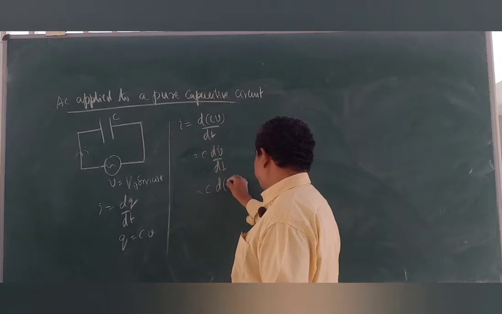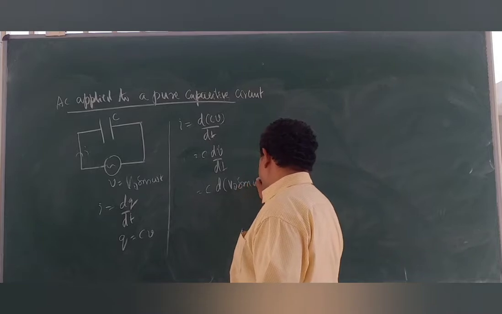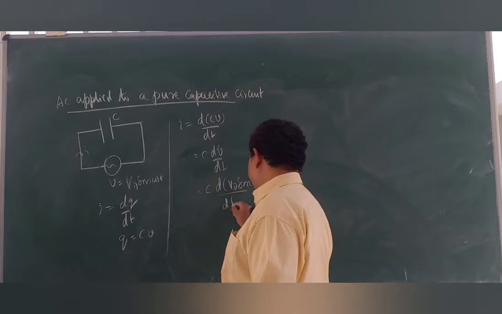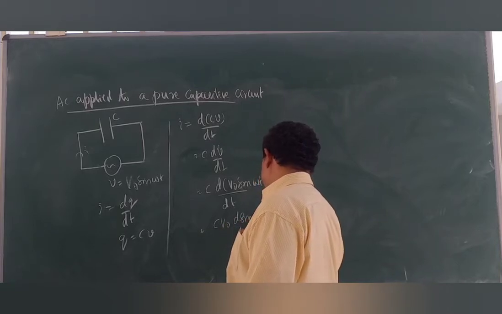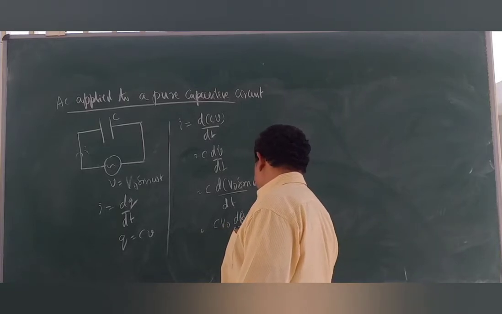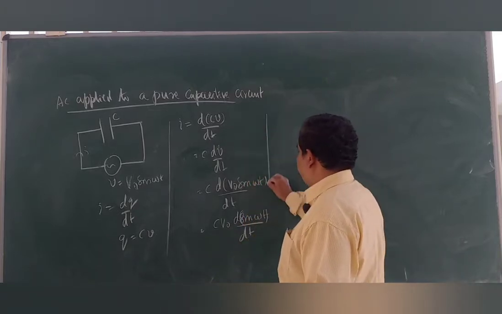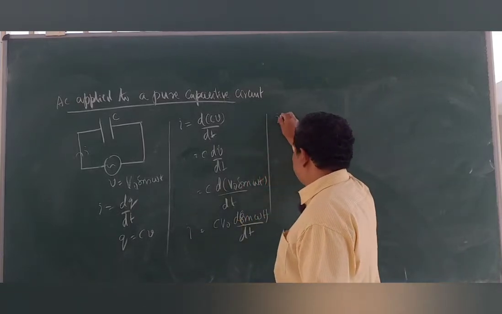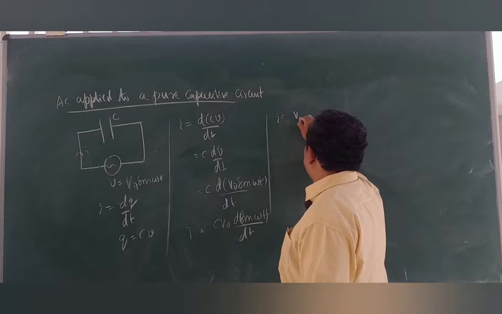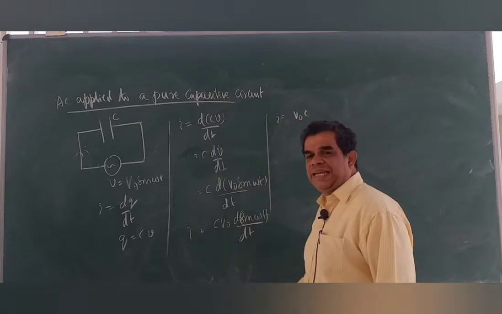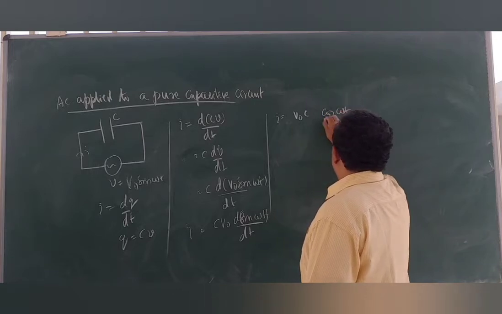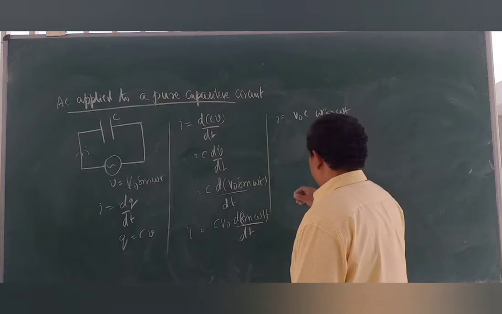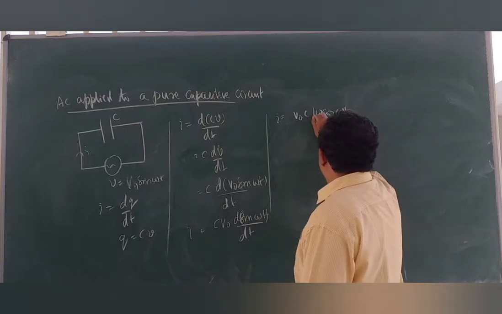We apply V naught sin omega t with respect to t. Therefore, C V naught differential of sin omega t with respect to t. Differential of sin is cos, so omega cos omega t comes for differential with respect to time.